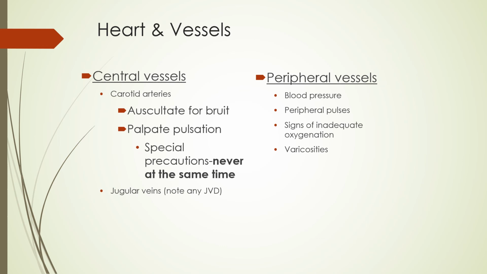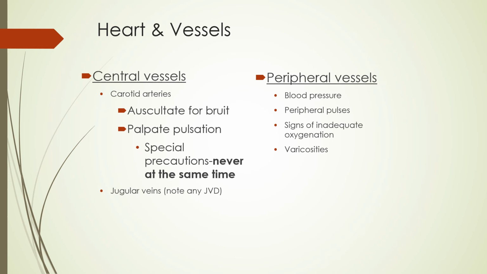We never ever palpate the carotid arteries in the neck at the same time. Why? You can cause occlusion of the blood flow and the patient can pass out. We palpate the carotid artery one side at a time. We also note if there's any jugular vein distension, JVD. This is our central vessels of the heart.